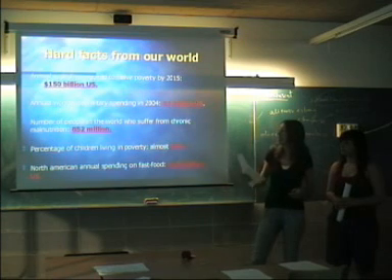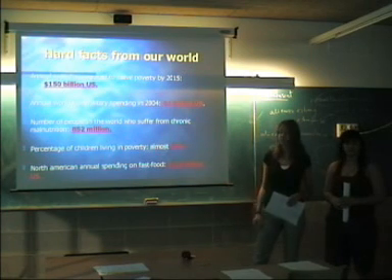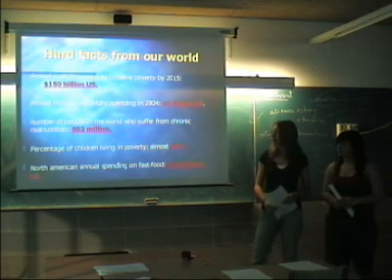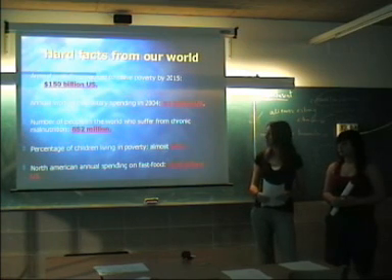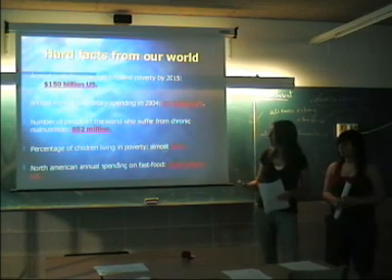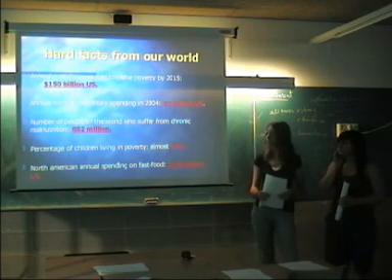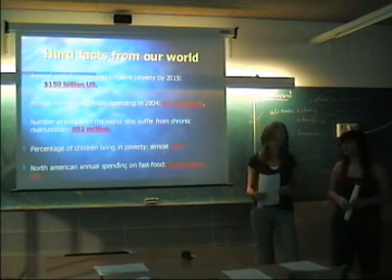Okay, so other facts: people suffering from chronic hunger, 852 million. Wow. That's incredible. 50% of children are living in poverty, so half of the children in the world. $100 billion are spent by people living in the USA only on fast food.